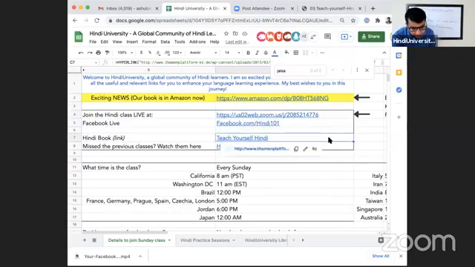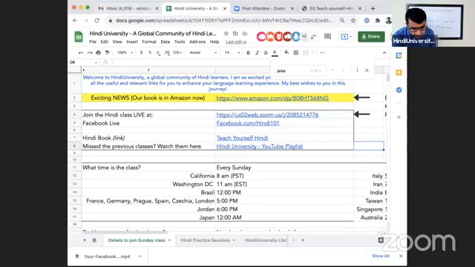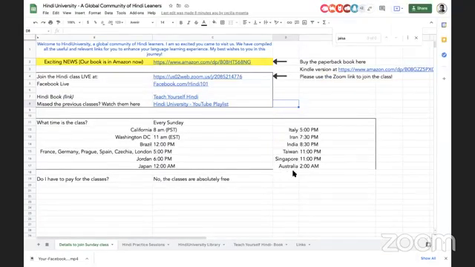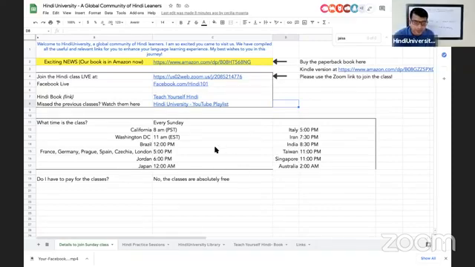You will also get the link of the book that we are following. It's written by Professor Rupert Snell, a professor at the University of Texas, Austin. You'll also see the time in your local countries. I have the time for some reference places. If you need the time specifically for your region, let me know and I'll add it.